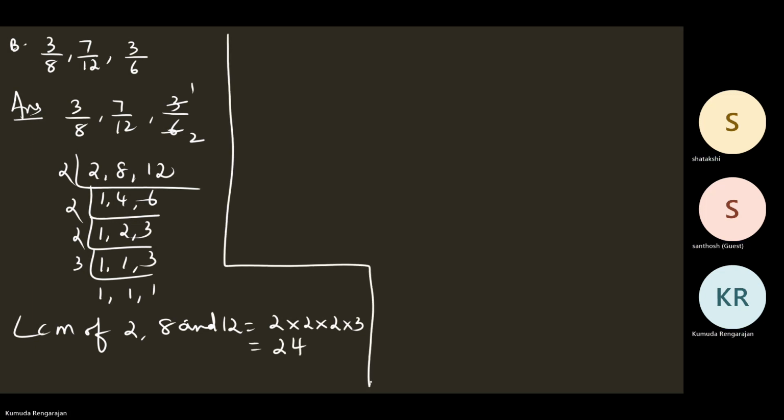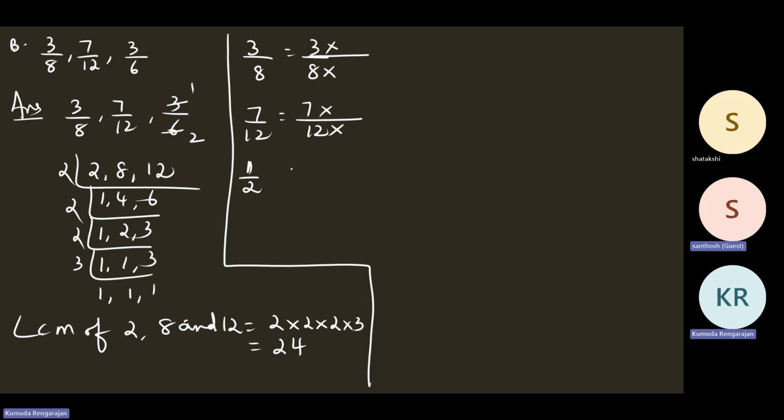Correct. Now you must write 3/8. You should multiply by what? Actually, in the numerator we have 3, but don't look at the numerator. You must see the denominator.